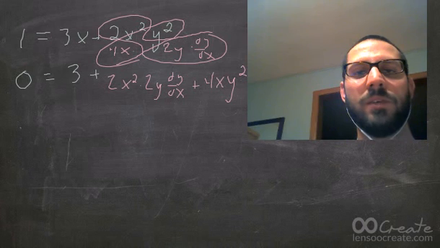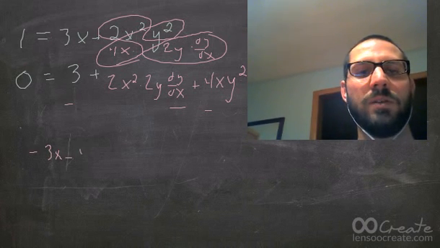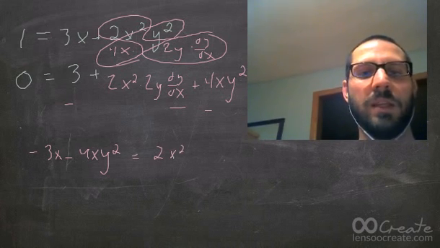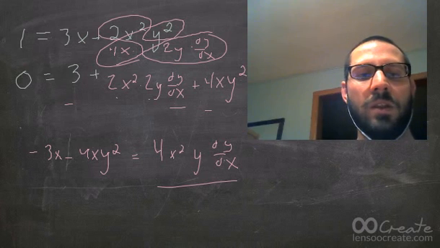4xy squared. We ultimately want to get the dy/dx by itself, so let's subtract the 4xy squared and the 3 over. Negative 3 minus 4xy squared equals 2x squared times 2, let's call that 4x squared y dy/dx. Let's combine that. Divide by the 4x squared y.